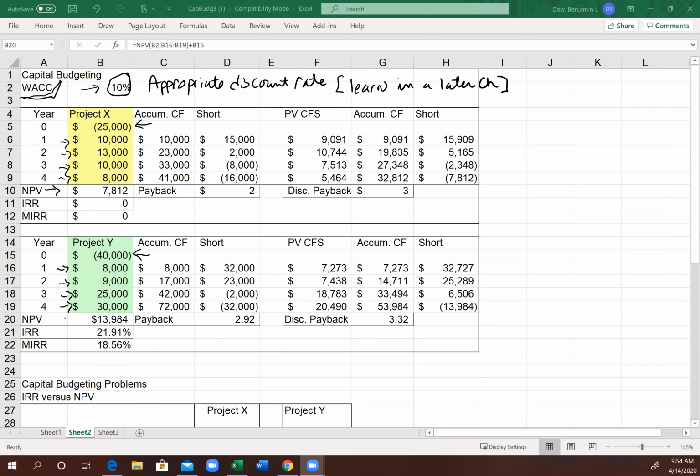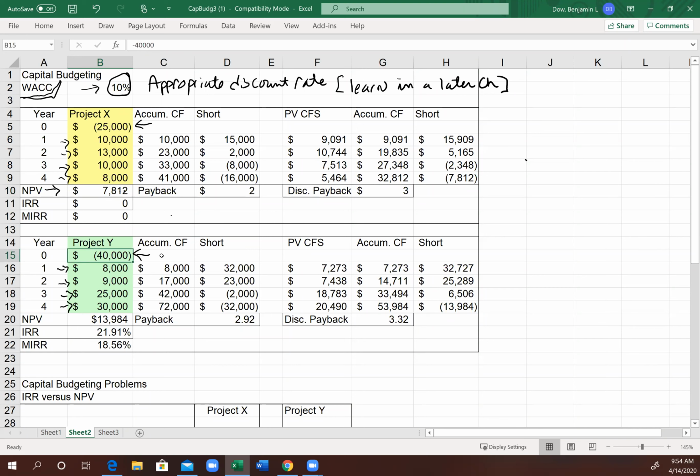If we only did net present value, then project X would have a net present value of 7,812.